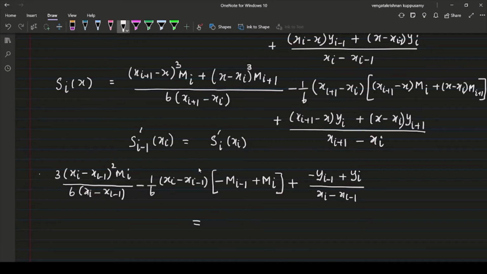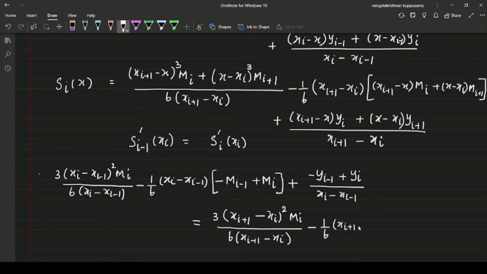On differentiating, this will be 3 into (x_{i+1} minus x) but we are replacing x by x_i, so (x_{i+1} minus x_i) the whole square into m_i, divided by 6 into (x_{i+1} minus x_i), minus 1 by 6 into (x_{i+1} minus x_i) into, differentiating this we get minus 1, so minus m_i, differentiating this we get plus 1, so plus m_{i+1}.